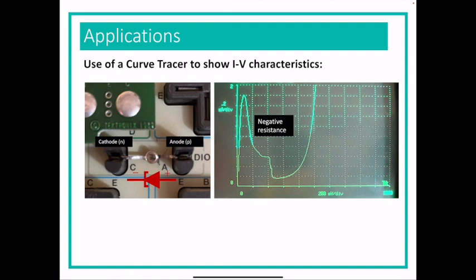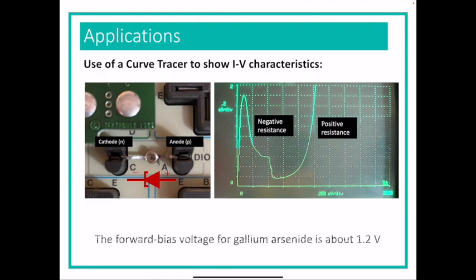And then after you get to that voltage, you have positive resistance as normal. This is a gallium arsenide diode, so the forward bias voltage is about 1.2 volts, and that is reflected here. Notice that this only goes up to 2 milliamps, so if I were to allow it to go up to 20, you wouldn't be able to see the characteristics.